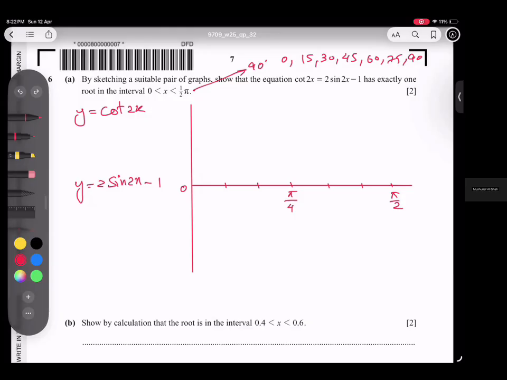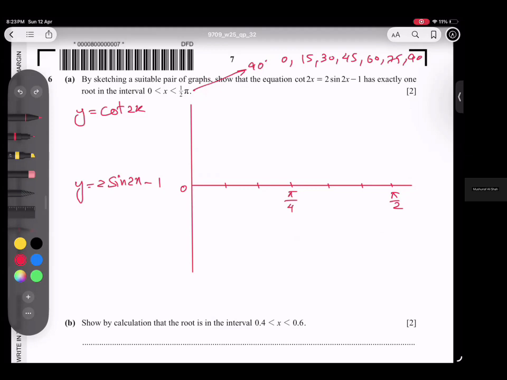So students, it asks where to start. Start from 0, end at 90 degrees, and the gap is 15 degrees. Actually, I have taken degree mode, but I will show the examiner in radian mode because he asked for radians.